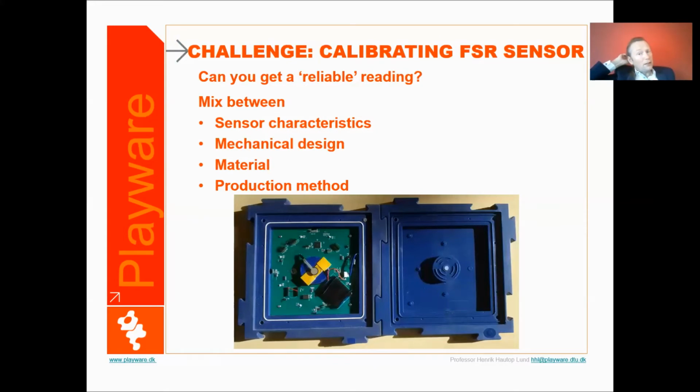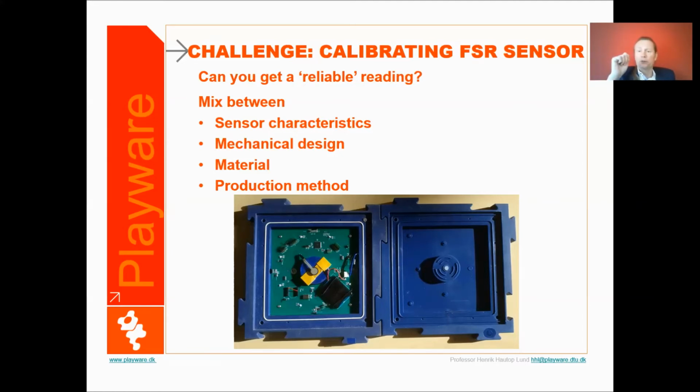So there's a challenge here when creating this to be used in reality, namely how can we, for instance, calibrate this force-sensitive resistor to get reliable readings? This is not just putting in a sensor. Even if the sensor is the same type, of course, that we buy for all these tiles.